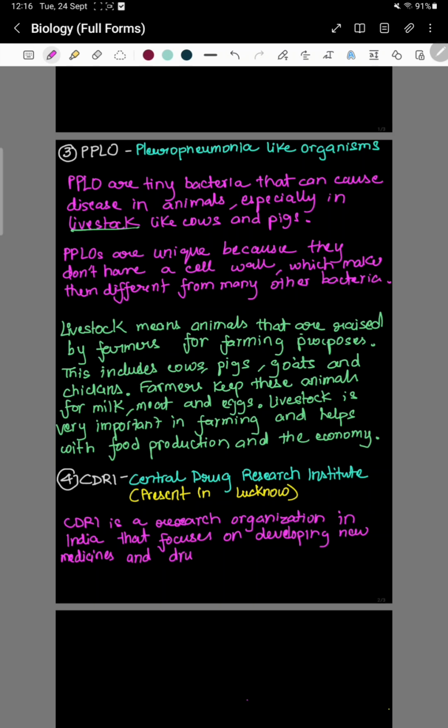Okay, so CDRI is a research organization in India that focuses on developing new medicines and drugs.